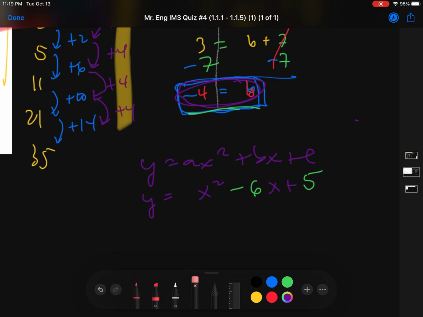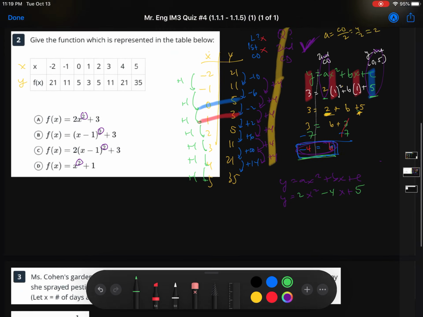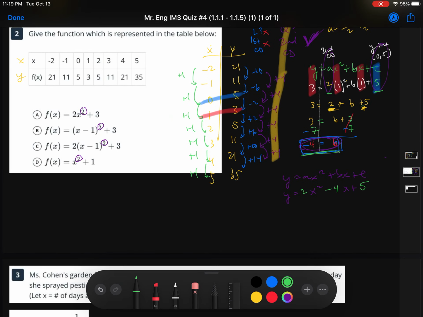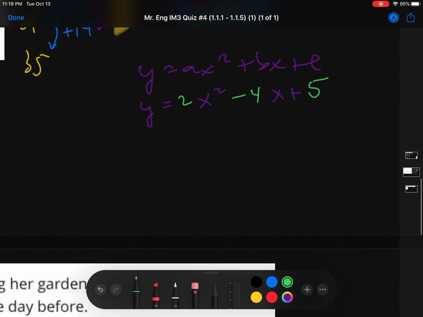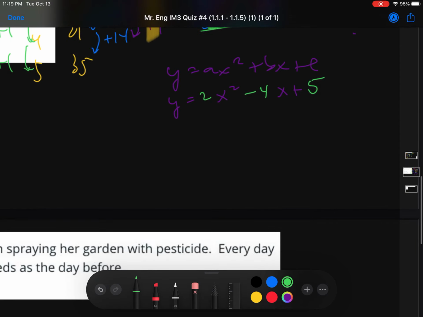So the values should have been 2 and negative 4. Okay. Do we have any of those over there? The answer is no. Okay, what can we do here? We're going to have to do something.